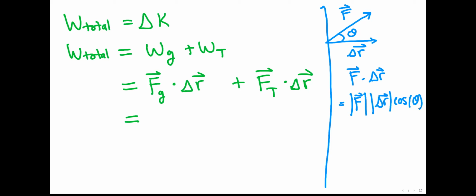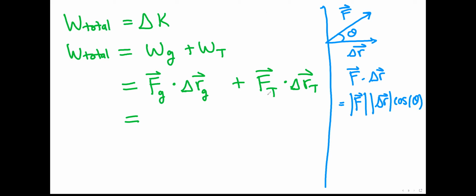Okay. Sorry, I should have labeled these as RG and RT, because this is the work that the vertical force or the gravitational force does, and this is the force that the tension does.